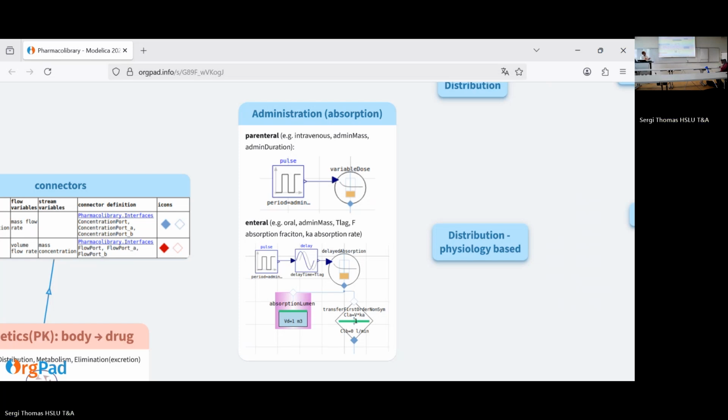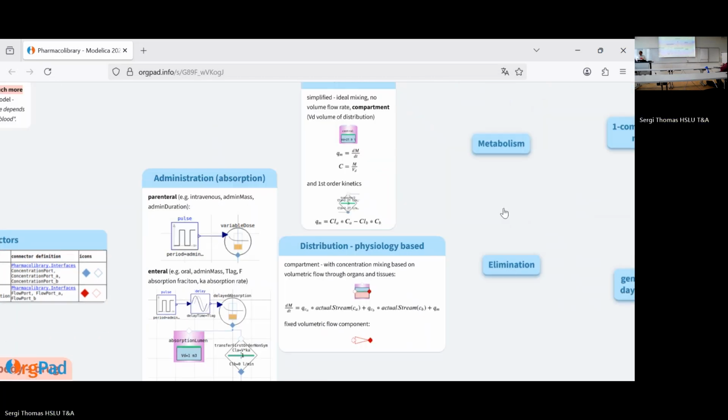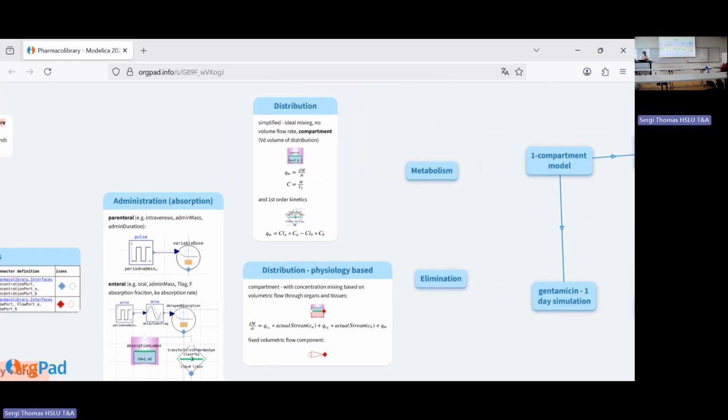I will say more about the mathematics later, and some first order kinetics is there as well. And distribution. In the case of the compartment model, there is no flow rate, so the basic component here has the equation of the mass flow rate, the derivative of the mass and concentration. And there is also the first order kinetics.